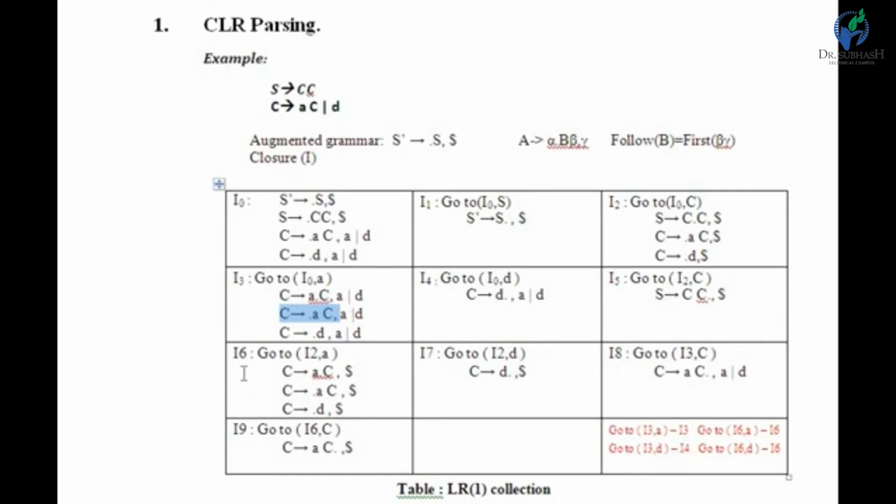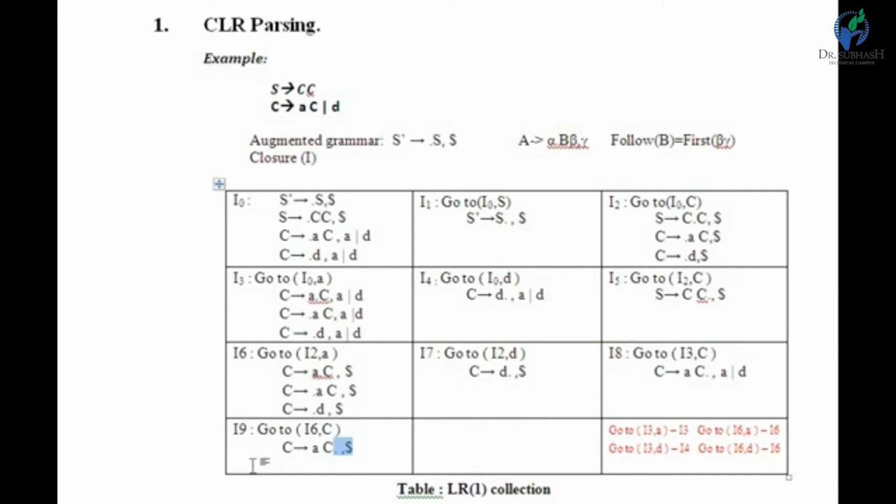Next I6 on C. So it's C gives AC dot, comma dollar. These two productions are different in their lookahead. In this production the lookahead is A or D, and in this production the lookahead is dollar.